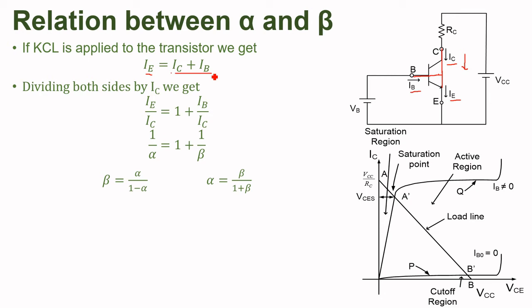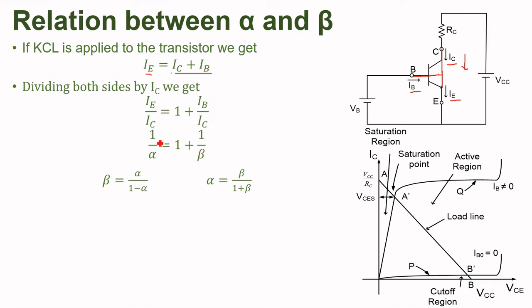If we divide both sides by collector current IC, we will get IE upon IC is equal to 1 plus IB upon IC. We already know that alpha is the ratio of collector current to emitter current and beta is the ratio of collector current to base current. Hence, we can say IE upon IC is equal to 1 upon alpha and IB upon IC is equal to 1 upon beta.